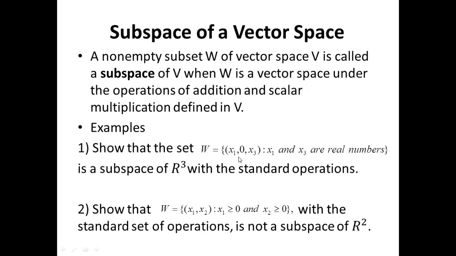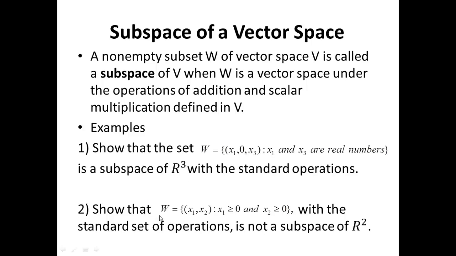So to verify that this is a subspace of R3, we would have to go through all 10 properties to make sure they are satisfied. All the 10 axioms which we saw in the previous lecture, we have to verify that all 10 axioms are satisfied with W, with the standard operations.